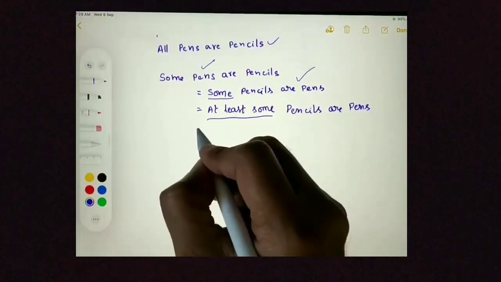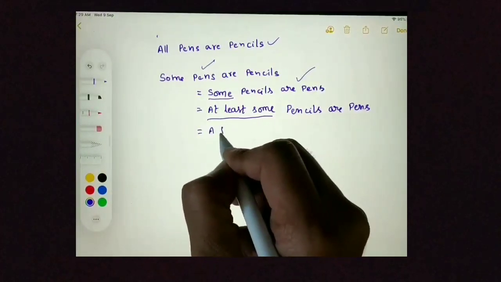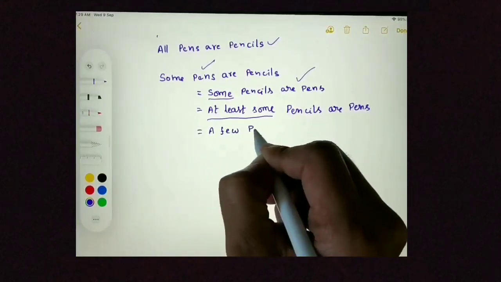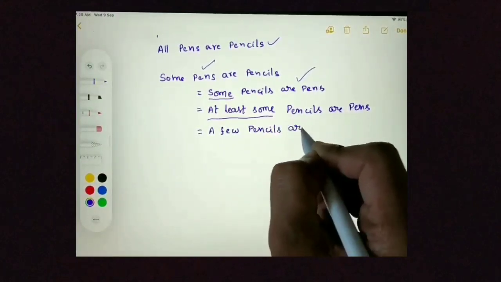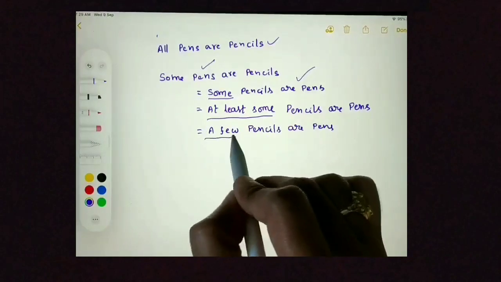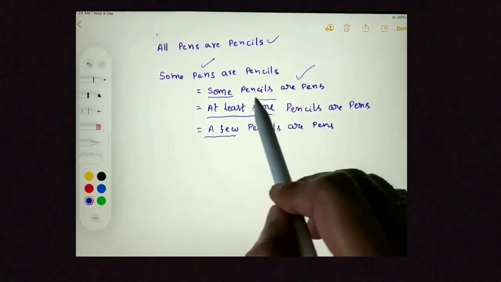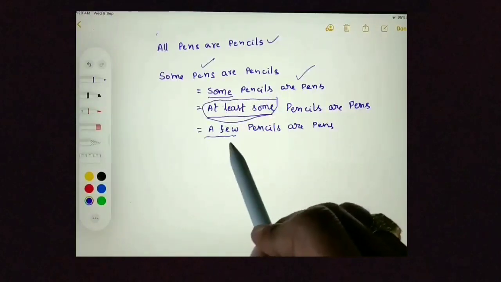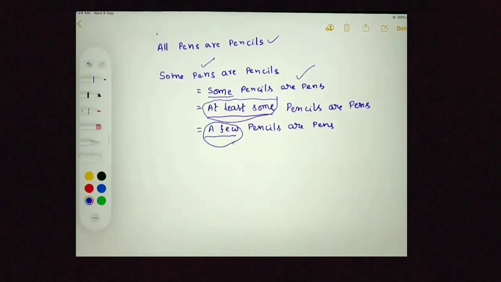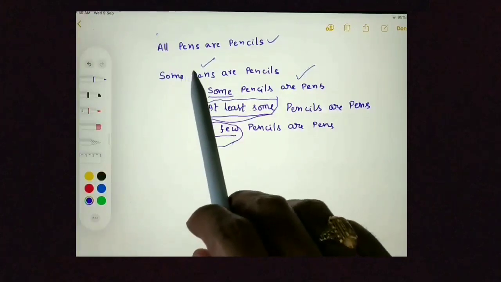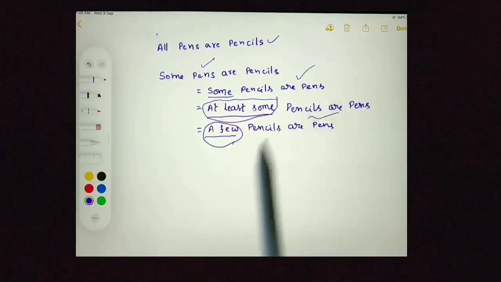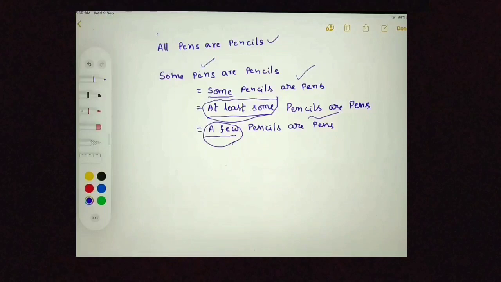Sometimes it will be given as a few pencils are pens. A few is also the same as some. Wherever you see at least some and a few, you can replace it with some. If this is the statement and this is the conclusion, you can say that this conclusion is true.